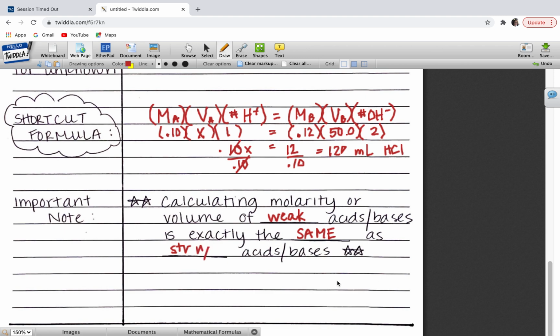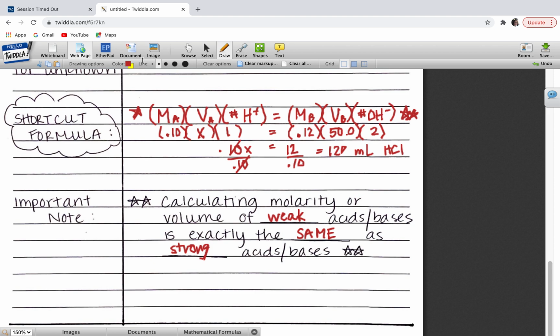So it doesn't matter whether you've got a strong or weak acid. If you're trying to figure out how much to add to reach that equivalence point, you're going to be using that same shortcut formula up here. Doesn't matter what the identity of the acid or base is. Right, good stuff.